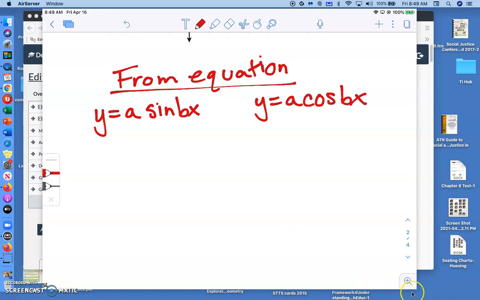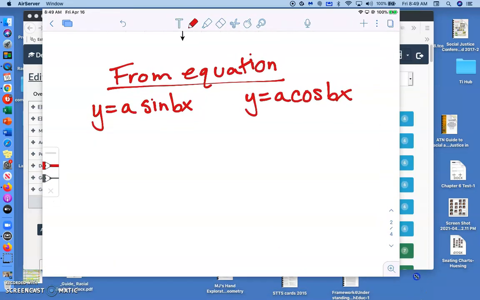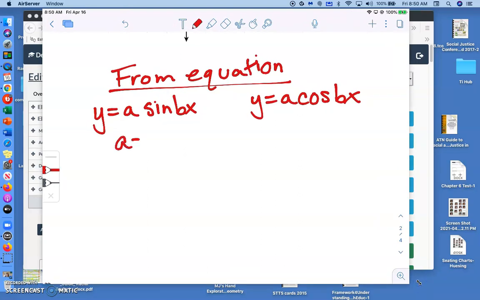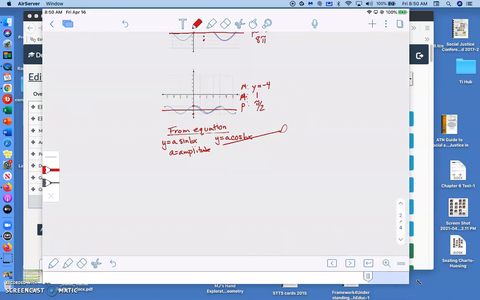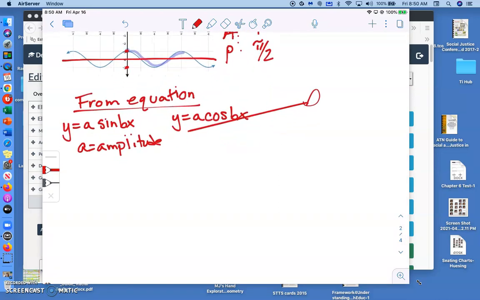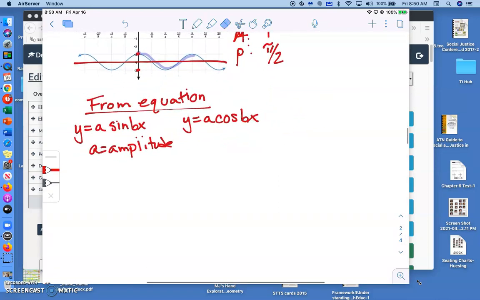And in that investigation, you said that a equals our amplitude, and b affected the period. But how did it affect the period? That was pretty hard to tell. You know, it affected it, but our period equals 2 pi over b.